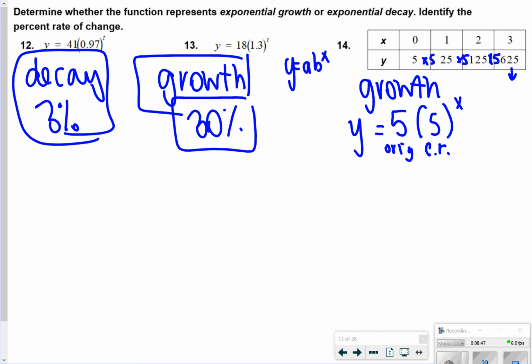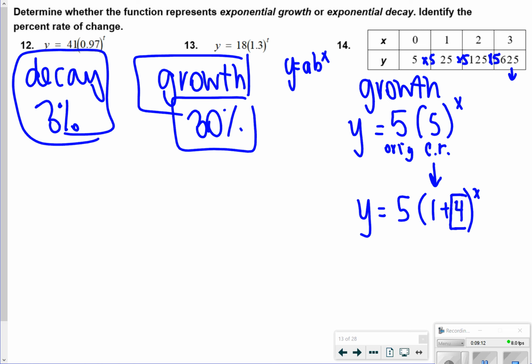In order to make it look like the growth or decay formula, this piece right here has to be 1 plus or minus something. I know that I am adding because it's growing, so 1 plus what will give me 5? Well, I know 1 plus 4 will give me 5, so that's what needs to be in my parentheses, which means now I can tell what my percentage is.